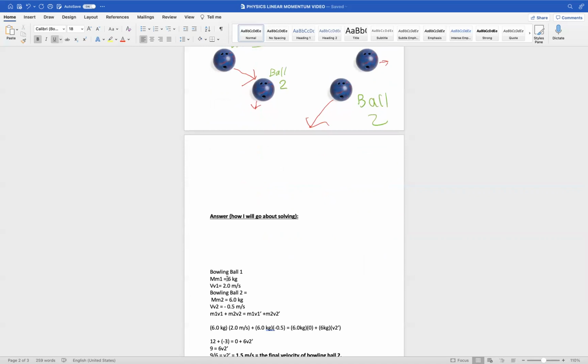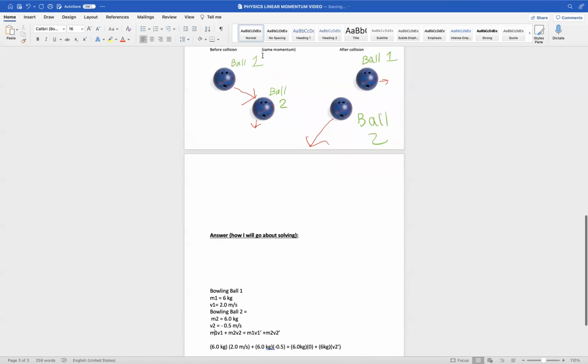So right here, M1 is the mass of bowling ball 1, and M2 is the mass of bowling ball 2. The velocity of bowling ball 1, however, as you could tell, is 2 meters per second, and bowling ball 2's is a lot smaller.